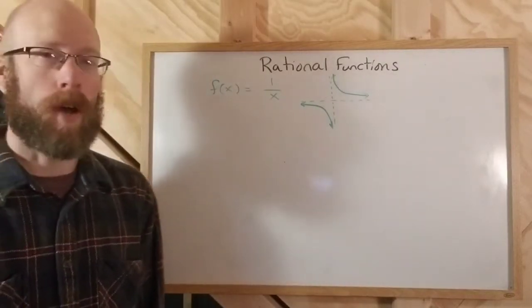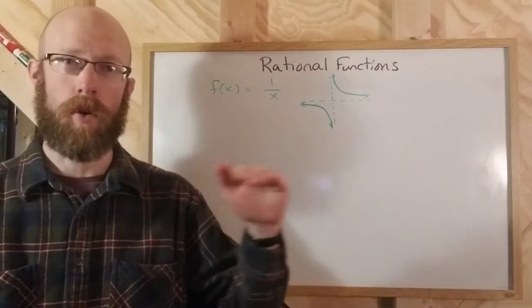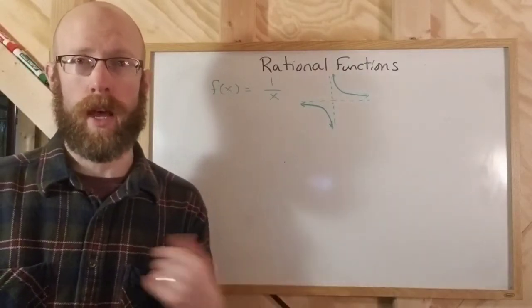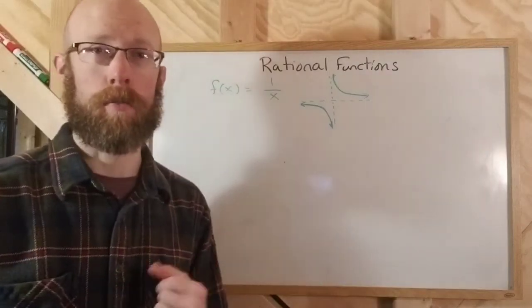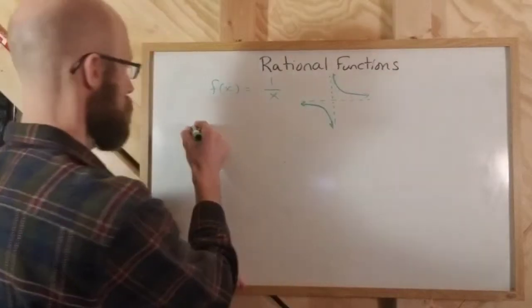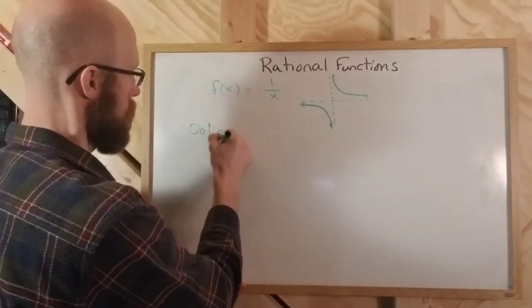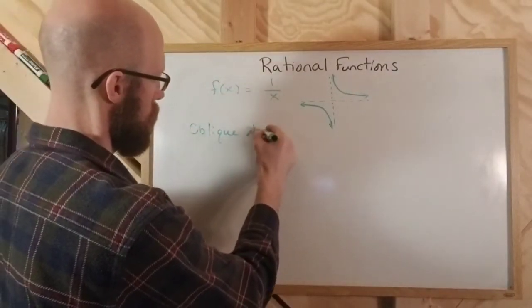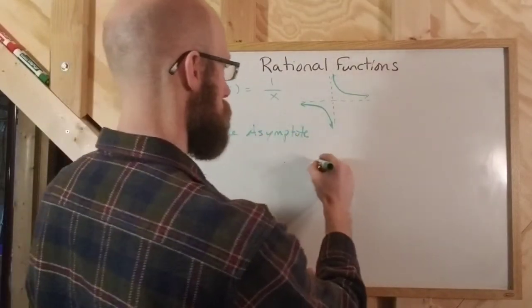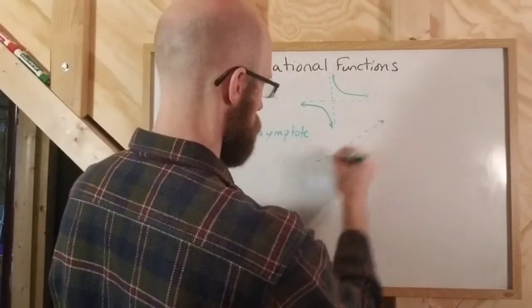You could also have, instead of a horizontal asymptote, something we call an oblique asymptote or slant asymptote. I'll call them oblique asymptotes typically. An oblique asymptote is one that's basically on an angle.